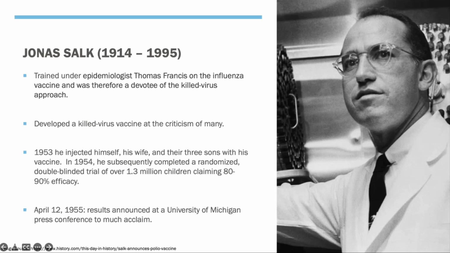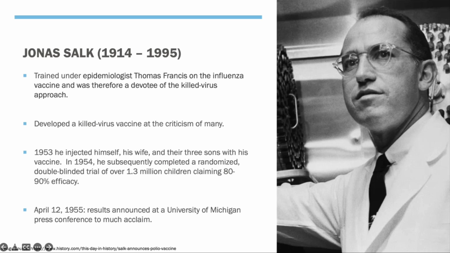And he actually, in the early 1950s, injected himself, his wife, and their 3 sons with the vaccine. Of course, our sequence of trials and ethics regarding trials have all changed quite a bit since this time. But it was standard practice for a lot of history for scientists to self-inject themselves and family in their early studies.